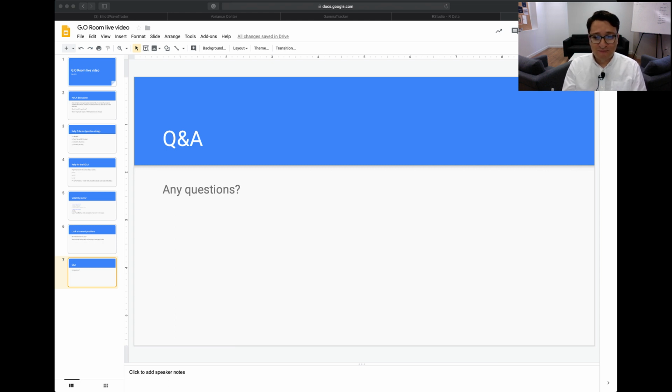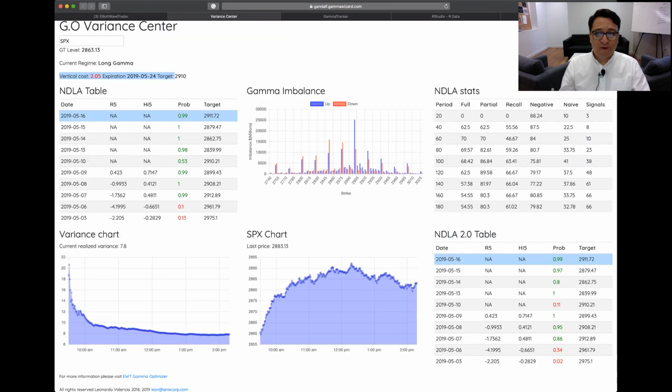So Sam is asking me, have you looked at adjusting the 2.0 limit based on the performance? Very good question. Right now the 2.0 limit is based on the edge. I'm trying to get some edge out of it.